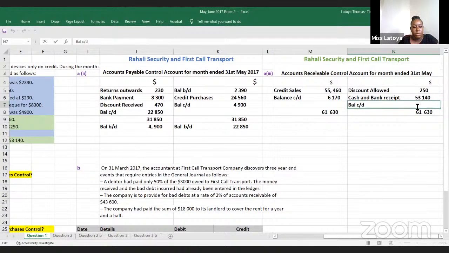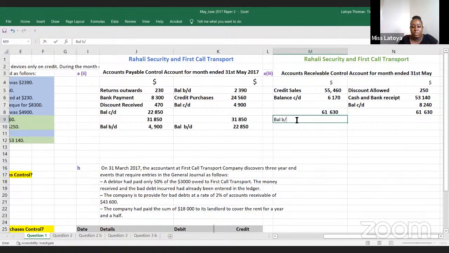All right. And when we subtract, we're going to get our carried down figure to be 8,240. Okay.